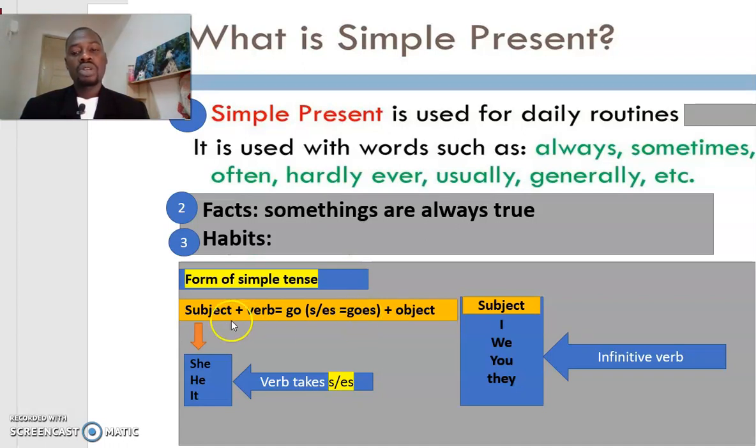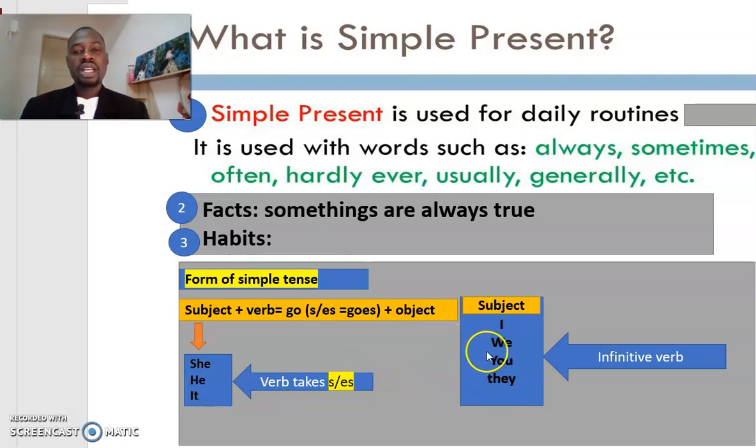Okay, so in the present simple tense, there are seven subjects. These subjects: she, he, it. These are singular subjects, and with these subjects you should use verbs that take s or es.